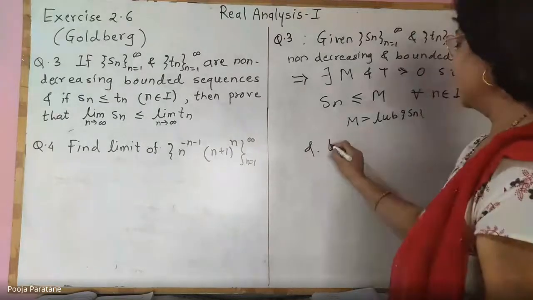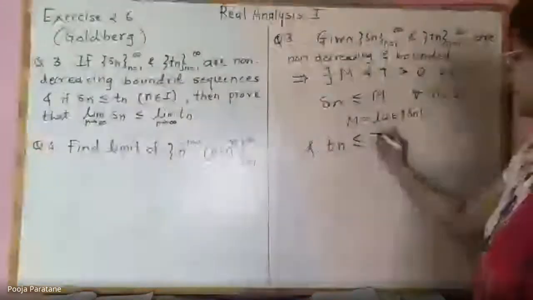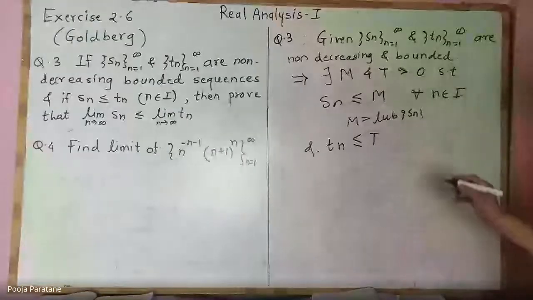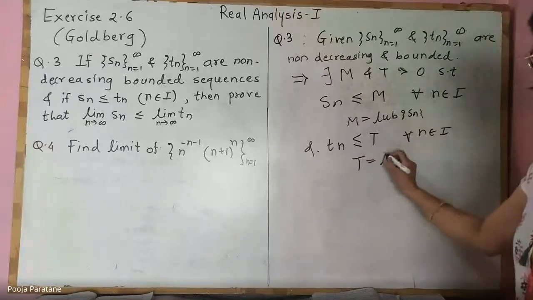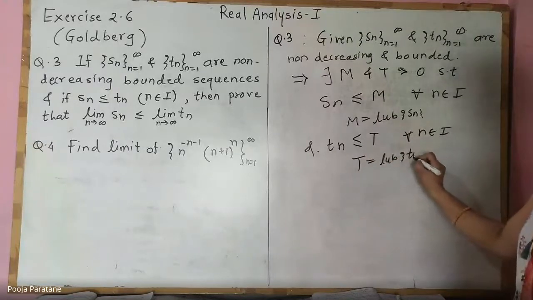And for Tn, there exists T such that Tn is less than or equal to T for all n belongs to I, where T is the LUB of the sequence Tn.